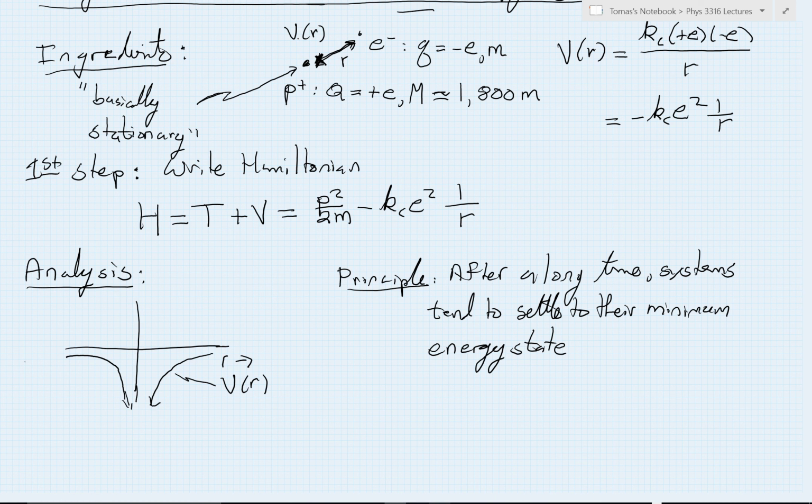A classic example of that is, in fact, the classical electron orbiting in a classical orbit around the proton. What happens, of course, is that as it's orbiting, it tends to emit radiation and thereby lose energy, and so that orbit eventually spirals into the center.